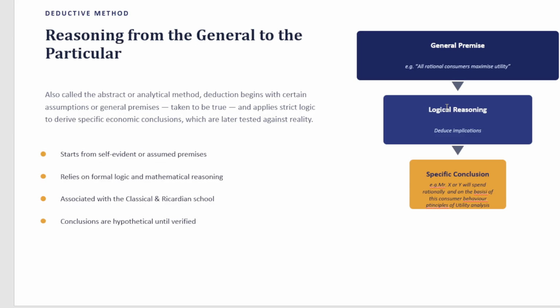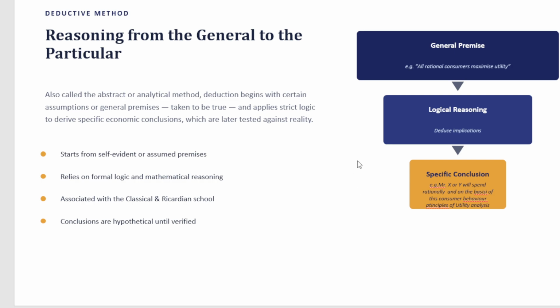We can say X, Y, Z will behave on the basis of getting maximum utility, and on the basis of their behavior, the theory will be built. If X is getting maximum utility, Y is trying to get maximum utility, then all the people in the economy will try to get maximum utility, and on the basis of this, utility analysis has been framed.